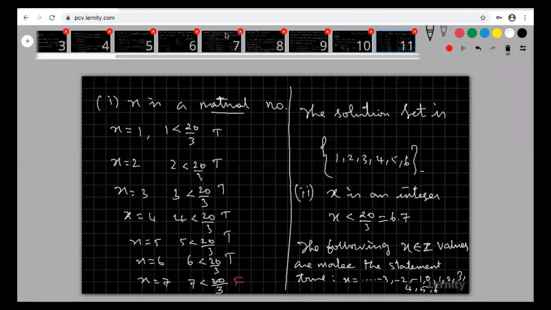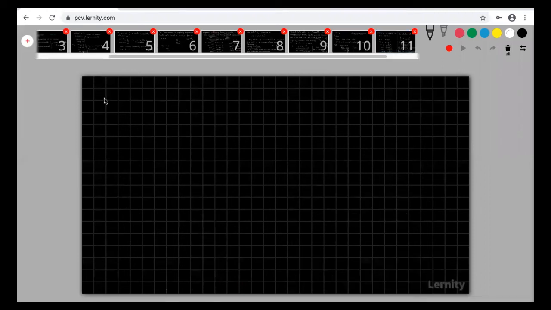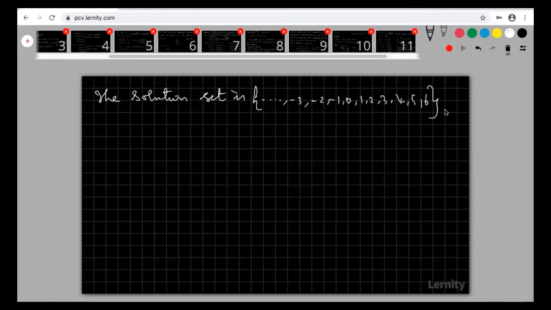So what is my solution set? For the second subdivision, the solution set is the collection of X: -3, -2, -1, 0, 1, 2, 3, 4, 5, 6. Are you clear? Any doubts?